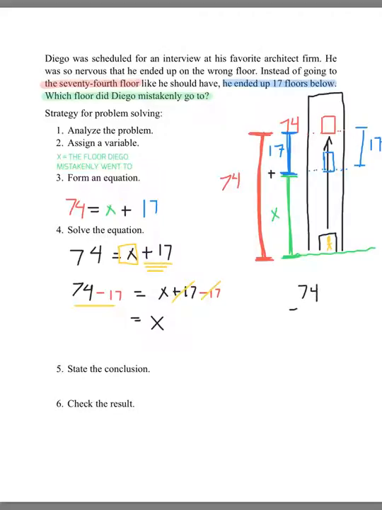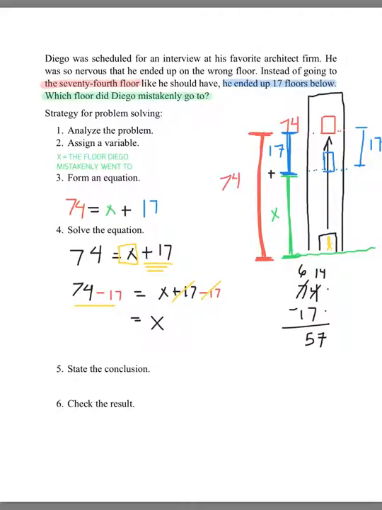74 minus 17. So I'm going to have to do 4 minus 7. 4 is less than 7, so I can't do that, so I need to borrow from the 7, which now becomes a 6, and our 4 becomes a 14. So 14 minus 7 leaves us with 7. And now we have 6 minus 1, which is 5. So 57.